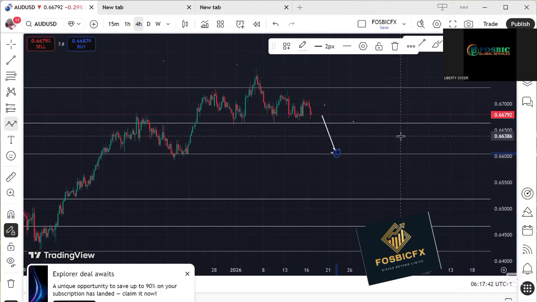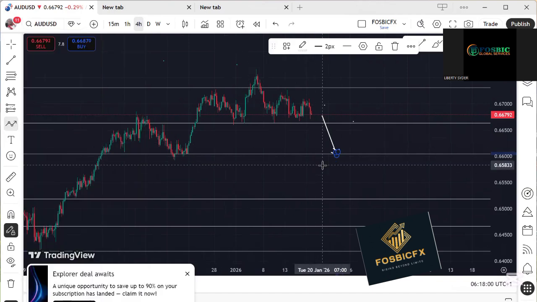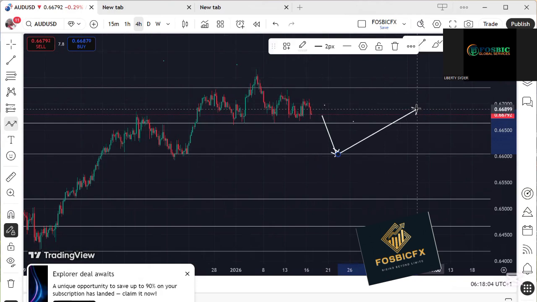So what do you do? You can place a buy limit at this point, so that when this market continues falling, once it gets to this place here, your buy limit will open. And if it changes direction and starts going up, you start making profit, because what you placed is a buy limit.